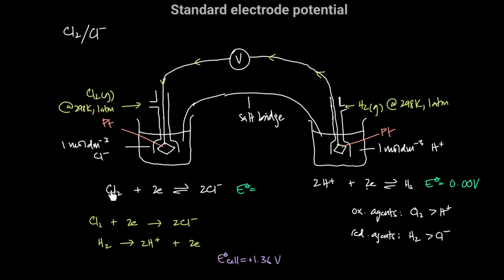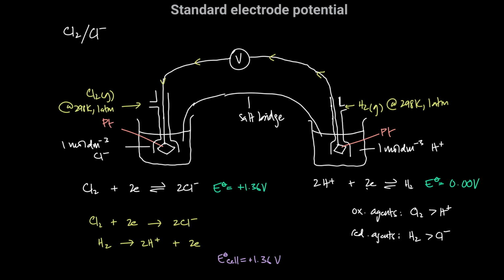Now we know that chlorine undergoes reduction more readily than H plus. In other words, it's a better oxidizing agent, and therefore the standard reduction potential will be positive 1.36. So we're able to determine the standard reduction potential by connecting this half cell to the standard hydrogen electrode.